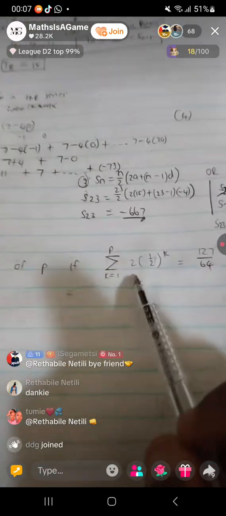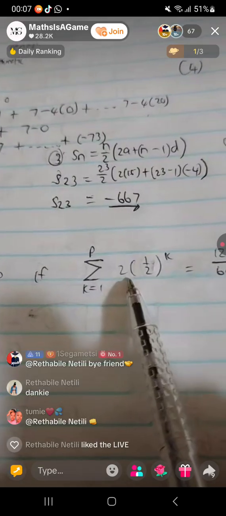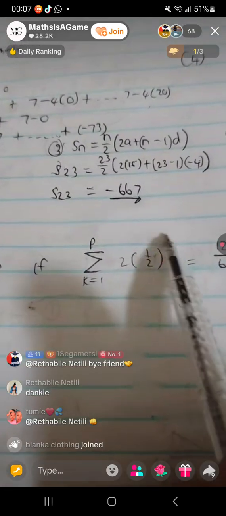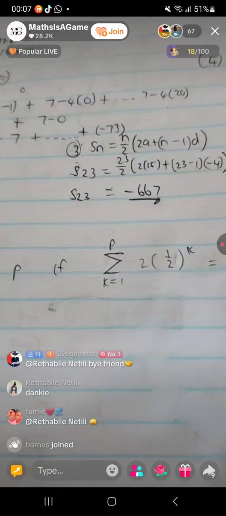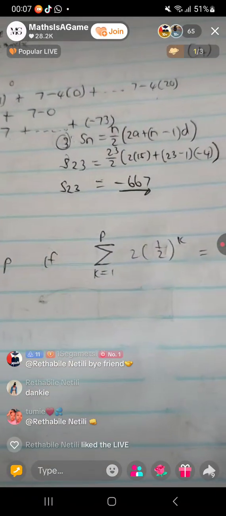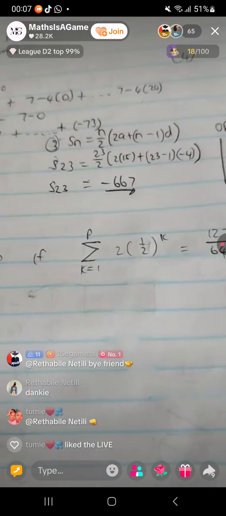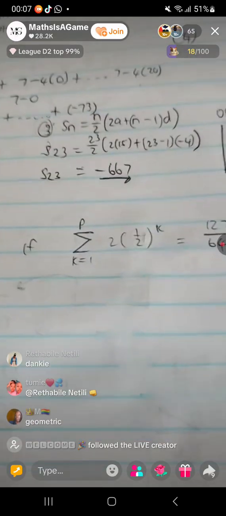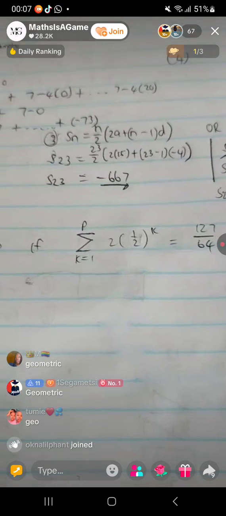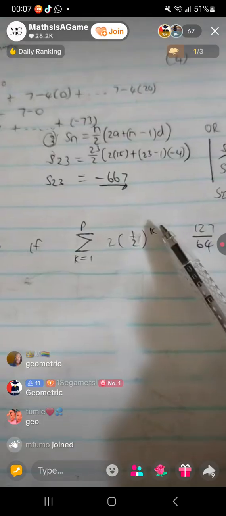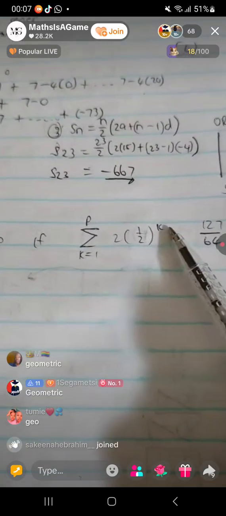Okay, look at my nth term. The nth term is what type of series? What is it giving? Arithmetic or geometric? Geometric indeed. Why do we say geometric? Because this time round, our variable is an exponent.